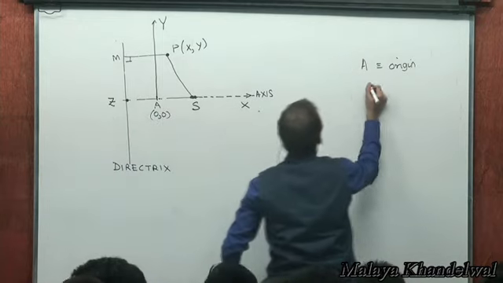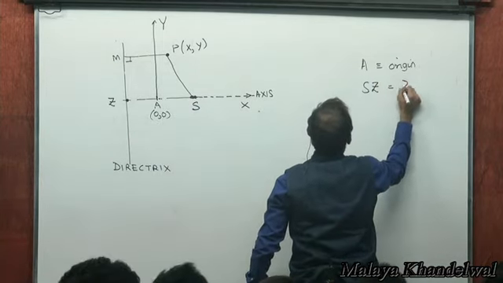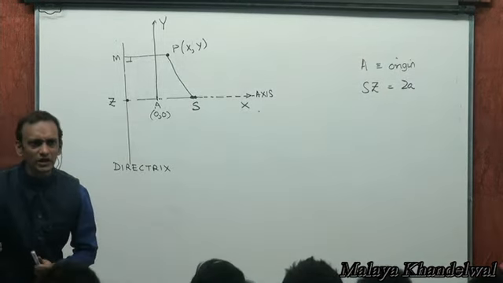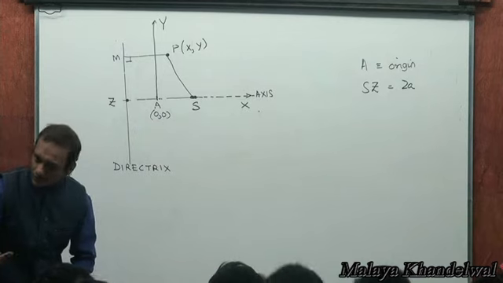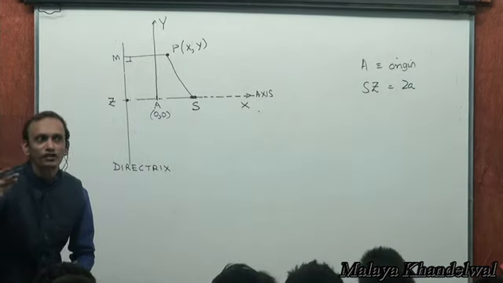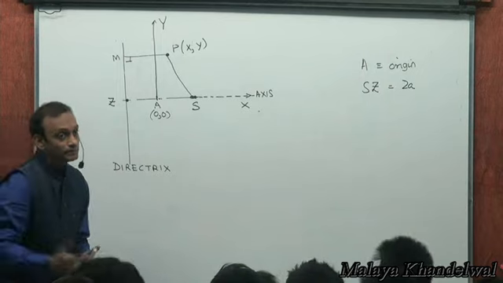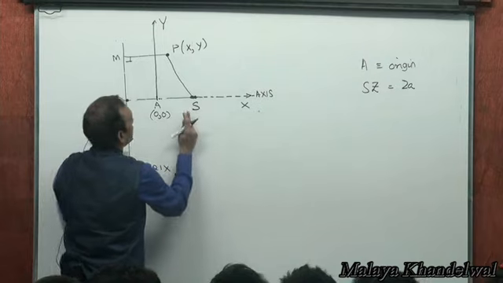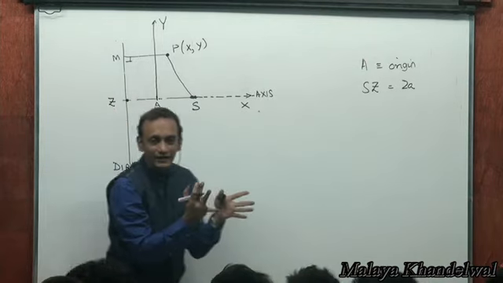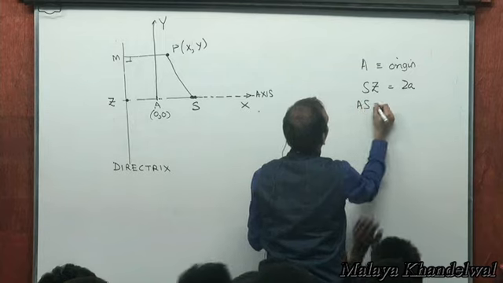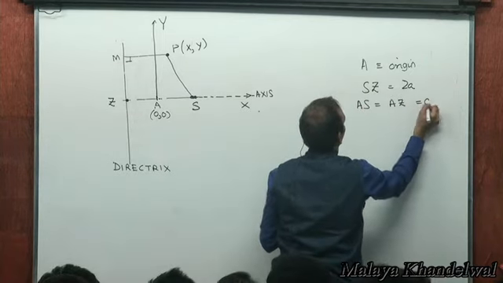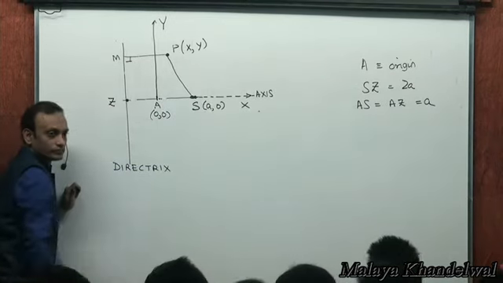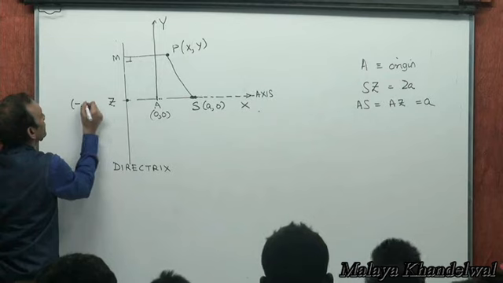So might as well call this SZ as 2A, which is a fundamental property of a given parabola. Different parabolas will have different values of SZ. Now, very clearly then, AS and AZ both will be A. So the coordinates of S, if this is A units, will be (A, 0), and the coordinates of Z would be (minus A, 0).